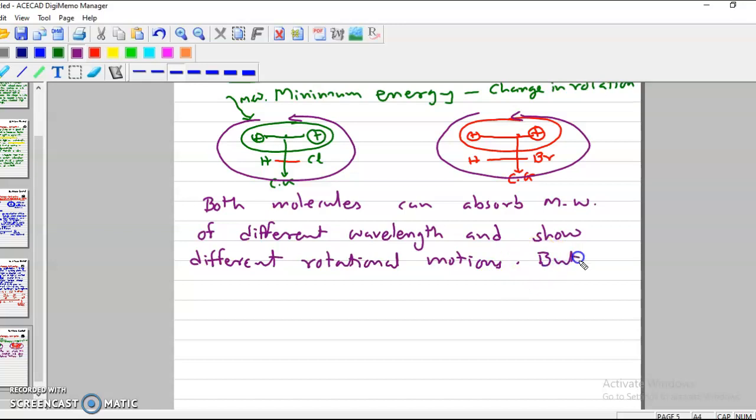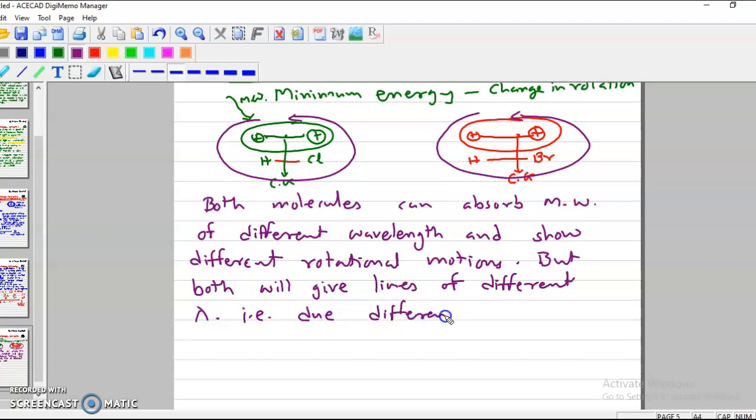Both will give lines of different wavelength. That is due to different bond length, polarity, and mass.